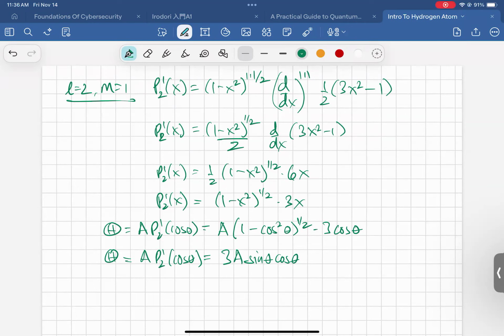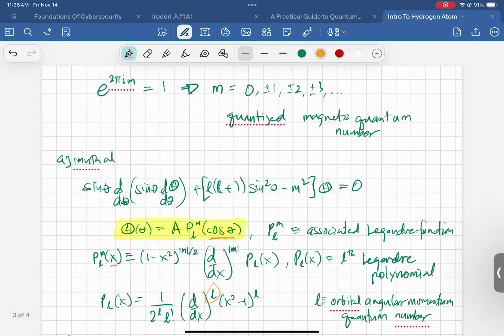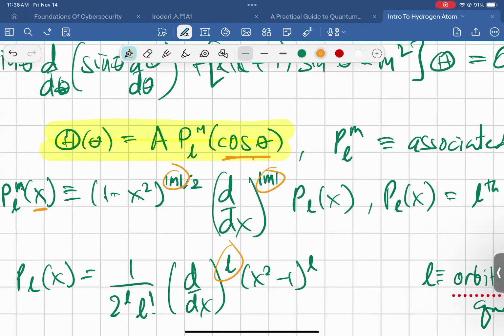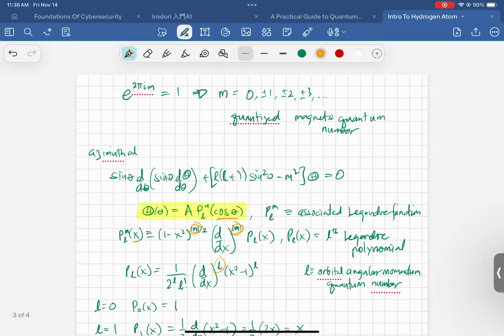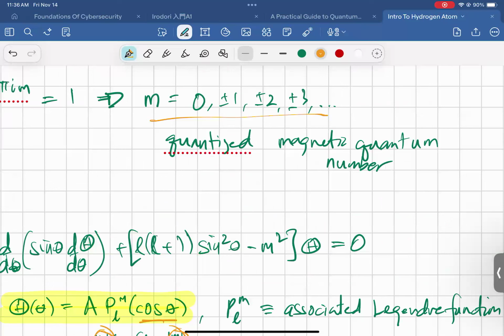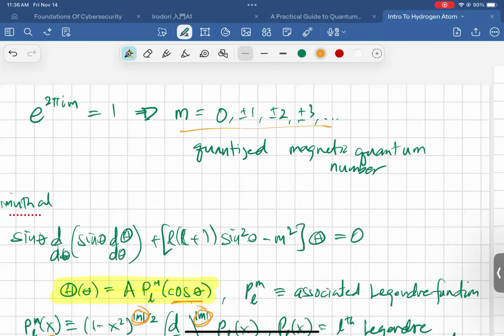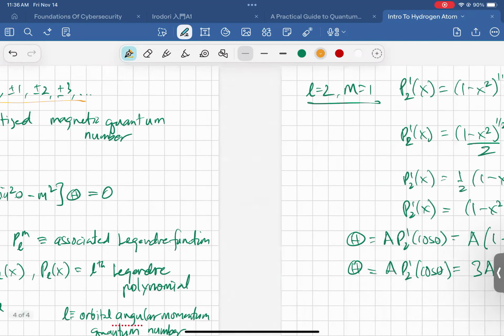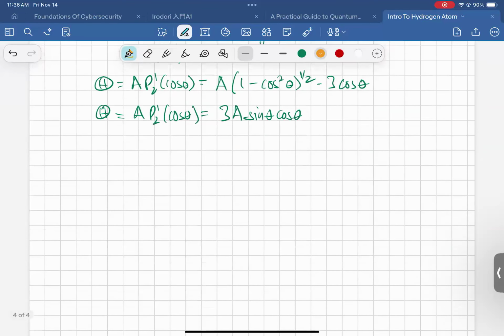Naglagay dito ng absolute value kasi M, if you recall, can be plus or minus 1. So regardless kung ano yung sign nung M, parati mong kukunin yung absolute value nun.